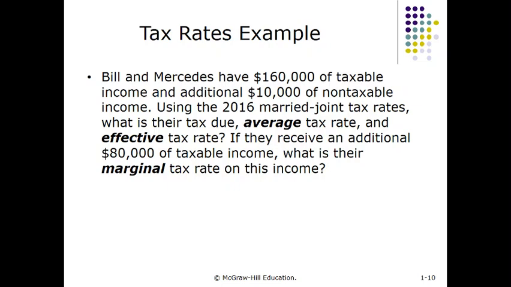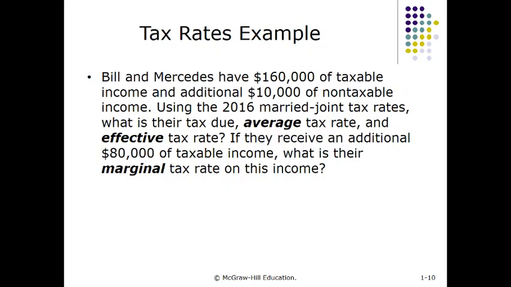All right, so we have an example here. Bill and Mercedes have $160,000 of taxable income and an additional $10,000 of non-taxable income, using the 2016 married filing joint rates. Of course, now we're on 2017, so I'm not sure why they're using 16.